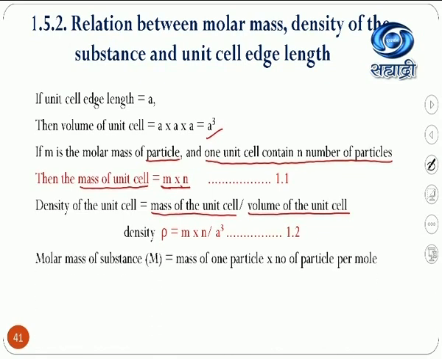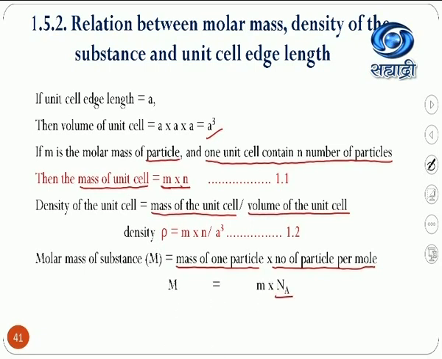Equation number 1.2. Now, molar mass of a substance is equal to mass of 1 particle into the number of particles present per mole. We know the number of particles per mole is Avogadro's number, 6.022 into 10 raised to 23 particles in 1 mole of any substance, right?